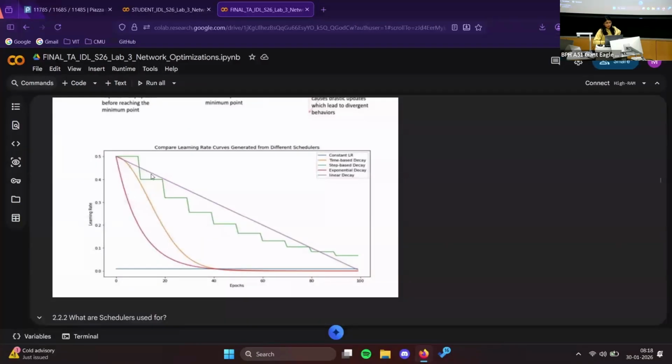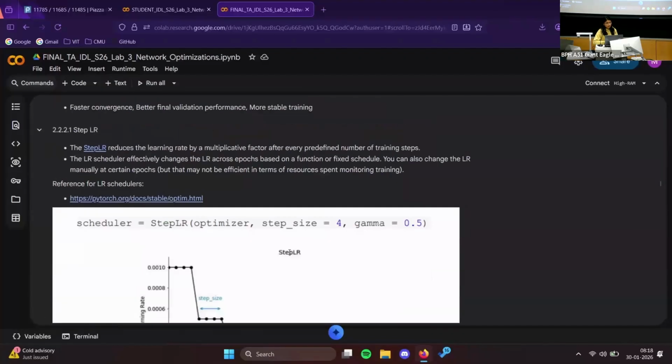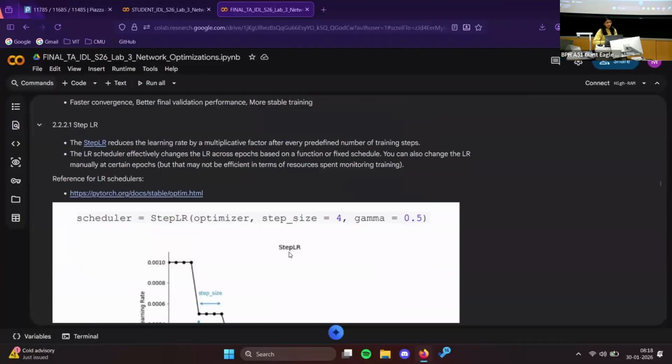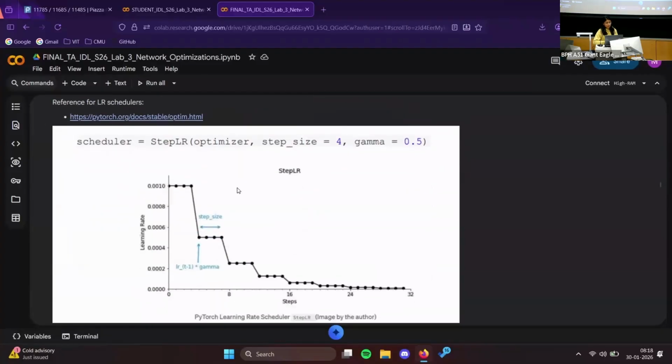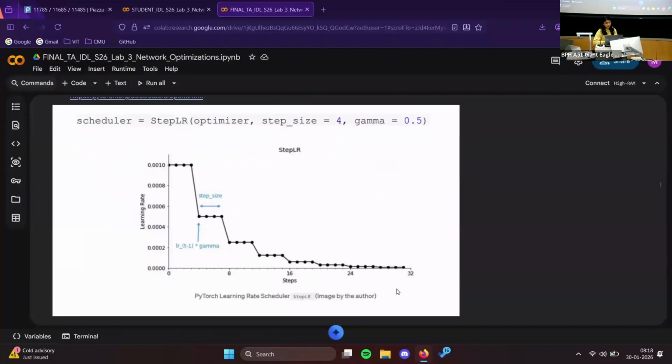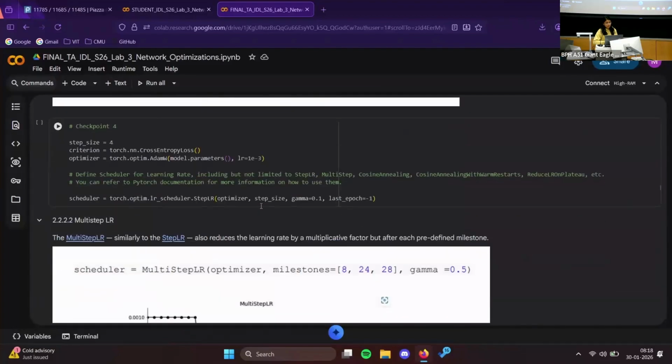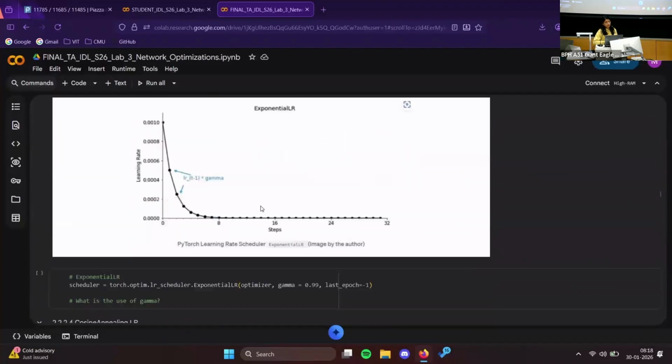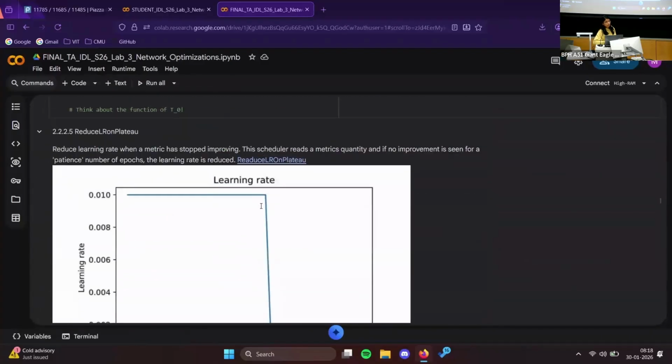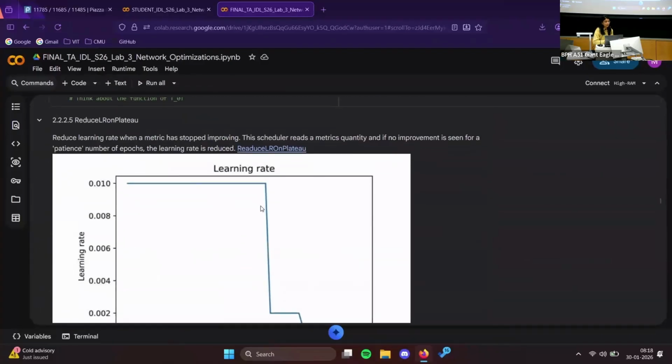For example, the first one is constant learning rate. And you can see here, this is a step-based learning rate. So maybe you are just decreasing the learning rate by some constant factor. There are different techniques like step learning rate, which will reduce the learning rate in steps. Then multi-step, exponential, cosine. You could also do reduce learning rate on plateau.